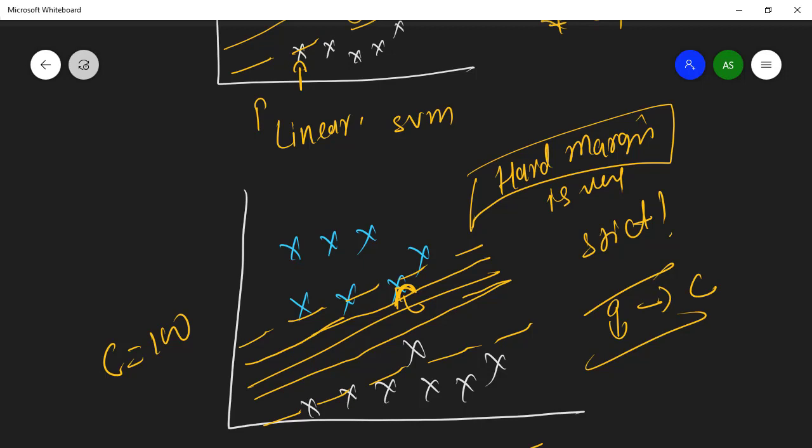So let's say C equals 100. So the width of the margin is very small. But if C equals 1, then the width of the margin will be very large. Okay, like this.